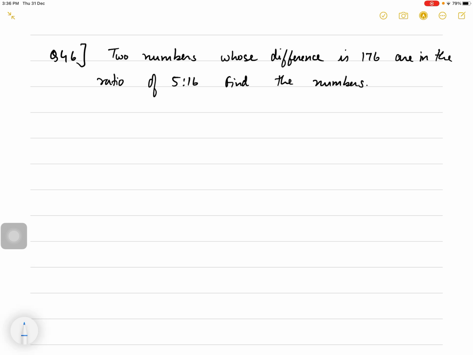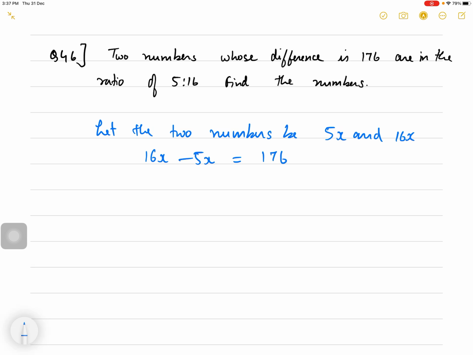Correct? 16 minus 5 is 11x. 11x is equal to 176.